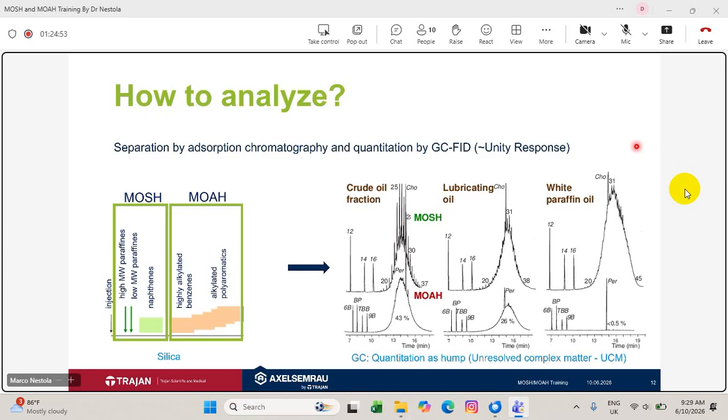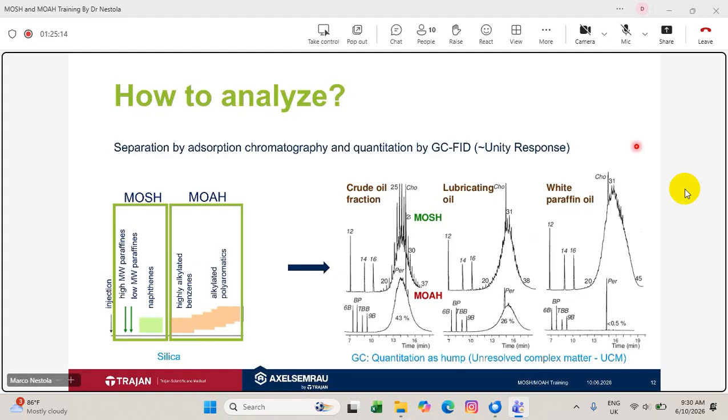So the MOSH chromatogram sometimes is easier to interpret than the MOAH chromatogram. When it comes to source analysis for the customers, it's good to have both chromatograms, because you are not making the instrument cheaper when you are not analyzing MOSH. You are not getting faster when you are not analyzing MOSH.